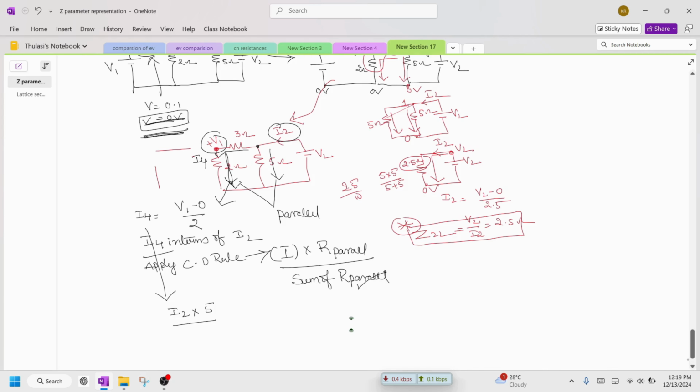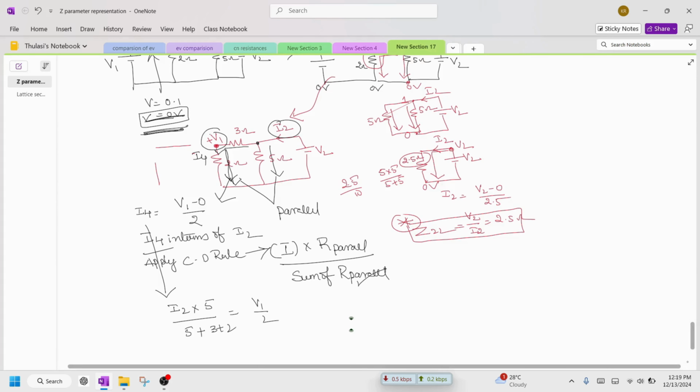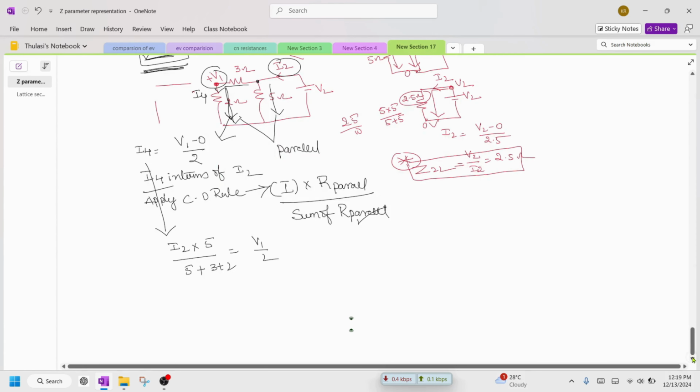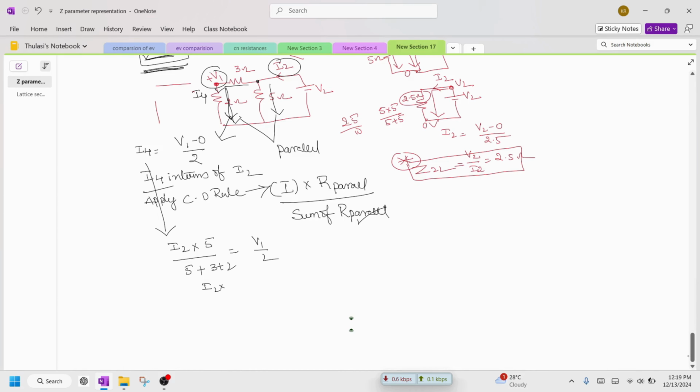What are the resistors connected in parallel? The first branch is 5 ohm. The next branch is 3 plus 2, that is equal to V1 by 2. So I can expand and write I2 into 5 divided by 10, that is equal to V1 by 2. 5 ones are 5, 2 twos are 2, the 2 gets cancelled.